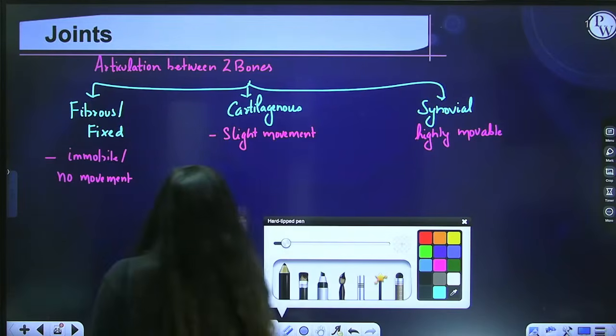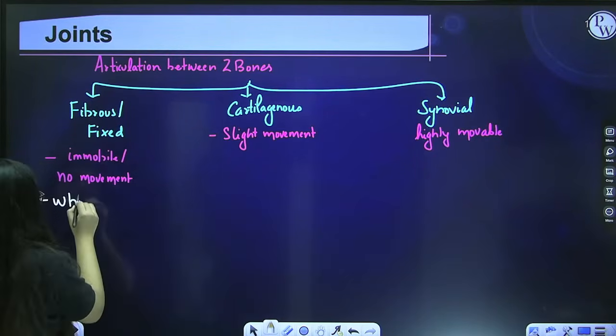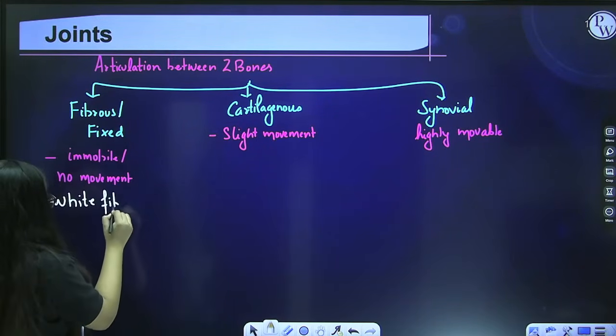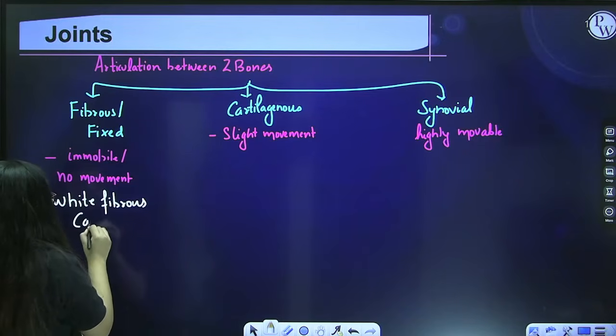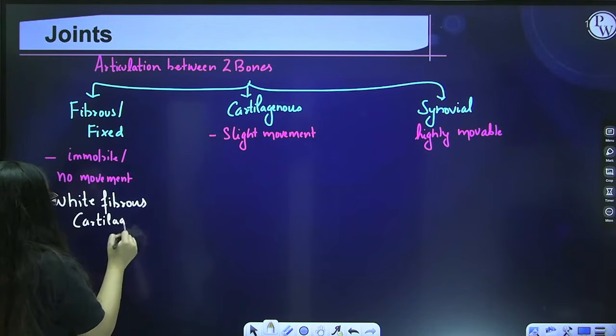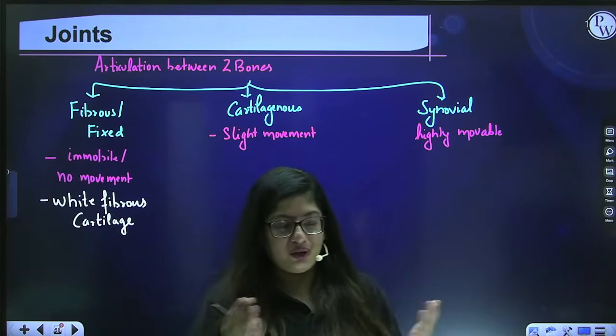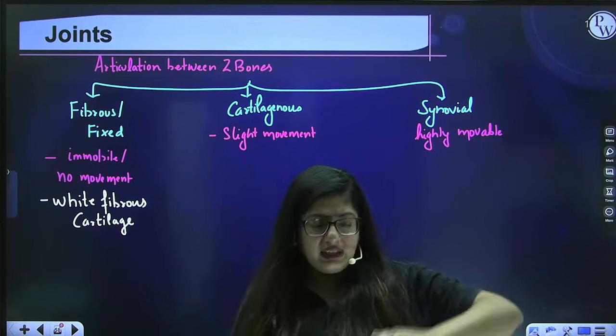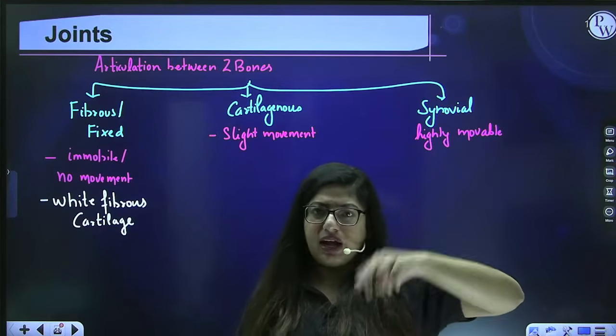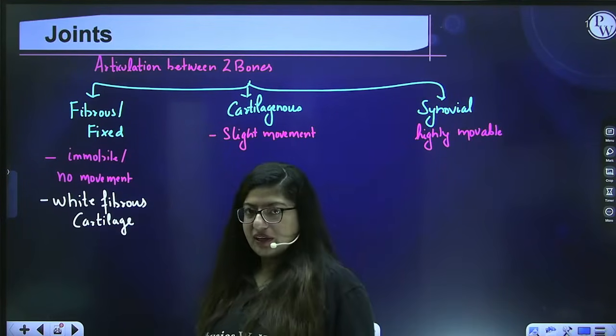So this one contains white fibrous cartilage. As you all know, when two bones join, they form a joint. So in the union of those bones, there needs to be a cartilage. So here we have white fibrous cartilage.